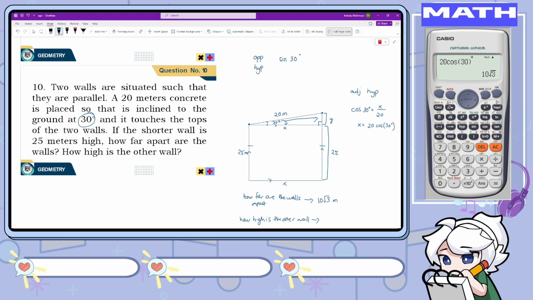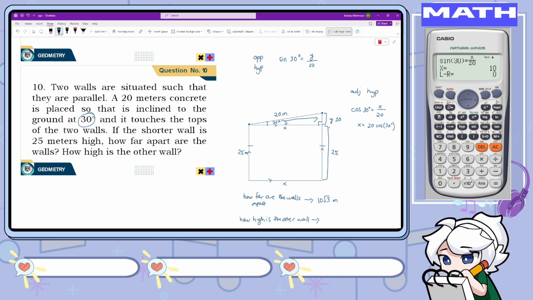Sine 30 is equal to opposite over hypotenuse, which is y over 20. Wait, I want to use x so that we're consistent. x over 20. Then shift solve, the answer is 10. So meaning, this is 10.